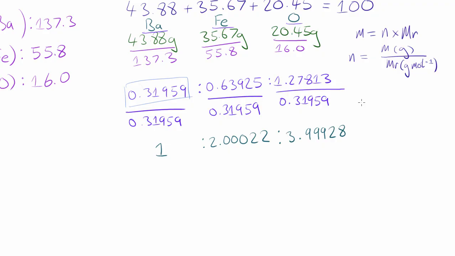Of course, the one associated with barium is a whole number, but the other two are very, very close to being a whole number. I mean, if we round the value associated with oxygen to 3 decimal places, it's within effectively 0.001. It's this close to a whole number, which is very, very close, right?